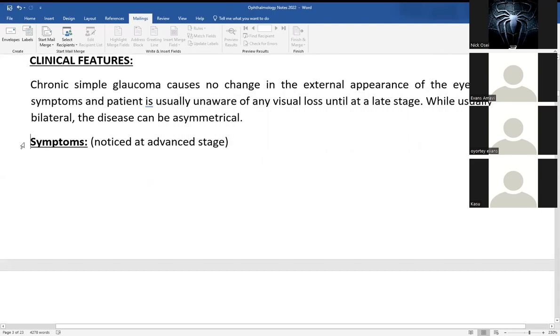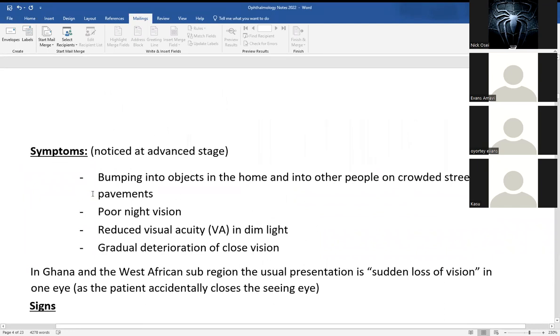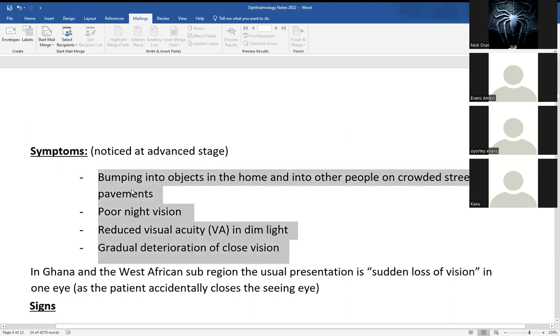So what you also need to remember is that glaucoma is usually asymptomatic until it's far advanced. Someone who has visual field impairment, the slides will contain more pictures for you to understand it better. I couldn't put any pictures in this one.